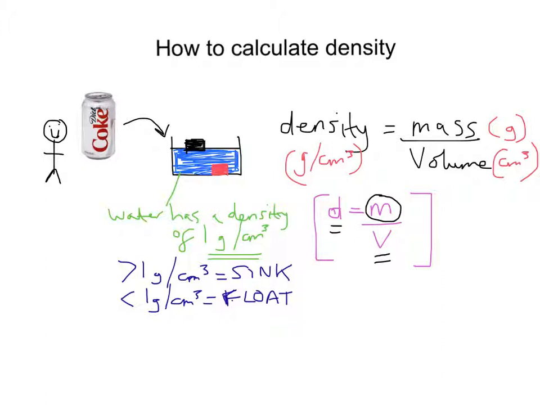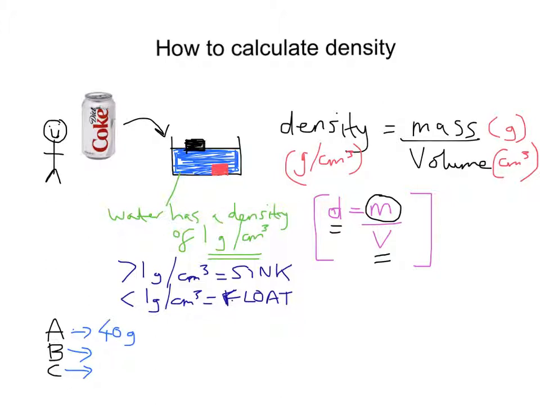Now we'll just do a few very quick examples, just using the formula to put this into another bit of context. So let's go back here. Imagine we've got three materials, A, B, and C. And what we're going to do is record the mass for A, B, and C. So we're going to say the mass of A is 40 grams.